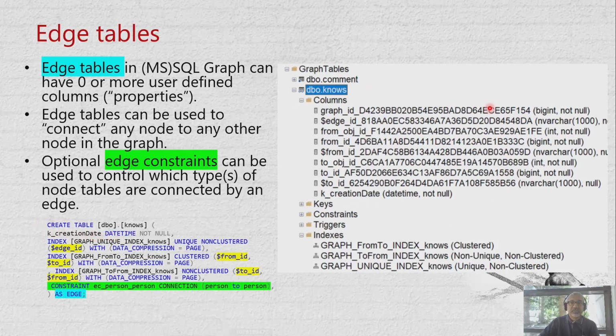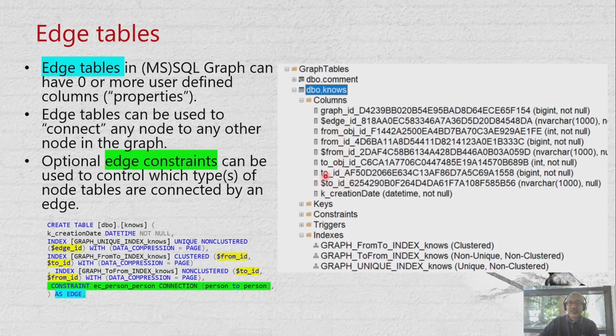When you look at this table in Management Studio, you will notice a couple of internal columns. Just like you saw with the node table, you have an edge ID which is internally mapped to this thing called a graph ID. An edge table also tracks the from and the to. Which two nodes is it connecting, in the form of the $from_id and $to_id columns.